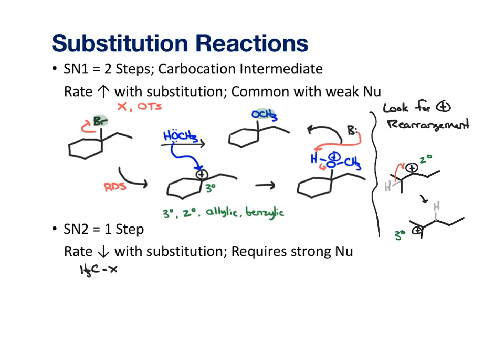And then you could have a primary. Secondary works, but it's going to be slower. So for SN2, you really need a strong nucleophile that, for the most part, these are negatively charged nucleophiles.